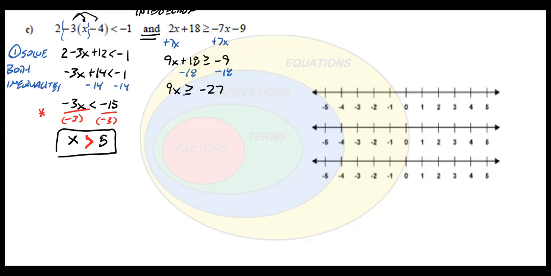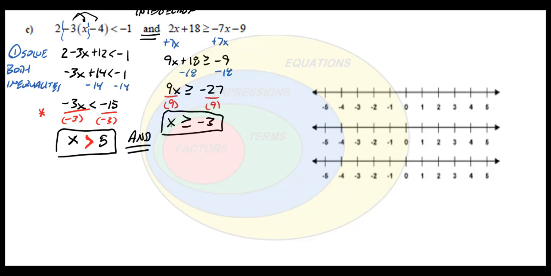And then canceling that factor of 9, we'd have x on the left side greater than or equal to -3. So the two inequalities that we're comparing with an "and" would be x is greater than 5 and x is greater than or equal to -3.